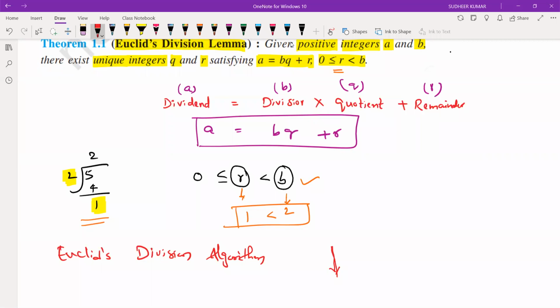The process of finding the HCF of two numbers by using Euclid's division lemma is known as Euclid's division algorithm. As we know, an algorithm means the process we follow in order, the steps.